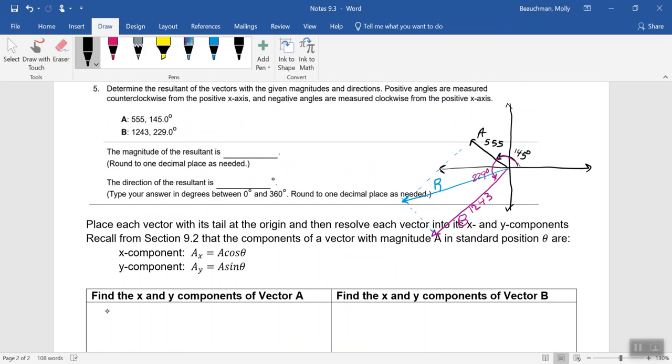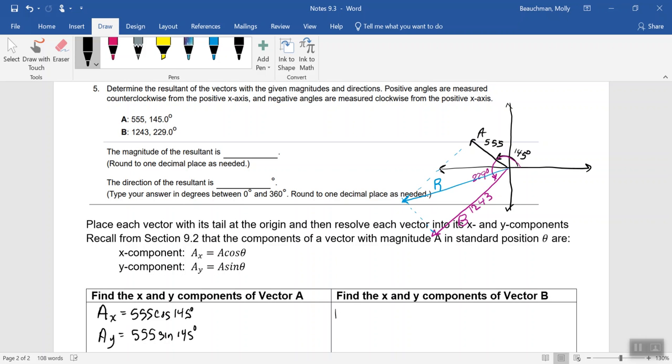So we're going to find the x and y components of vector A and vector B. So vector A, the x component is going to equal the length of the vector, 555, times the cosine of 145 degrees. Y is going to equal 555 times the sine of 145 degrees.